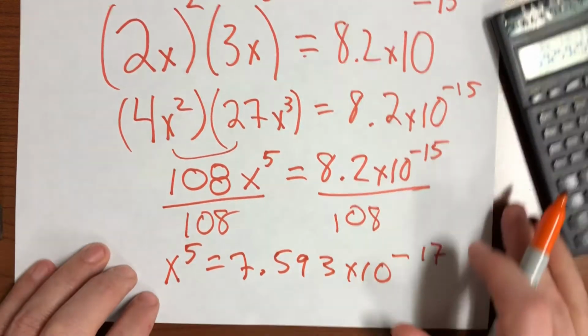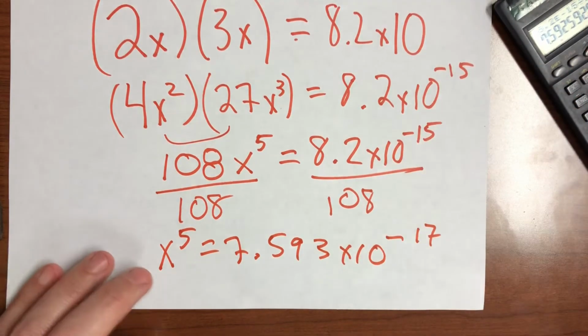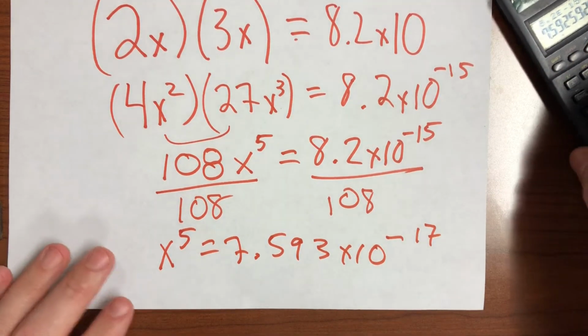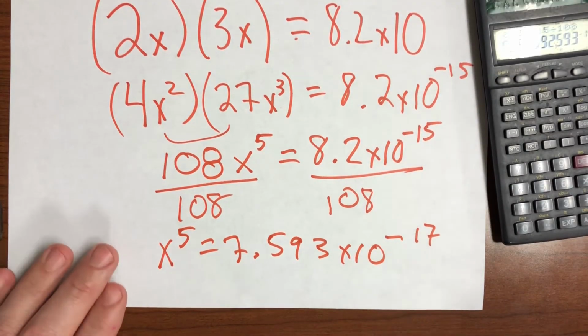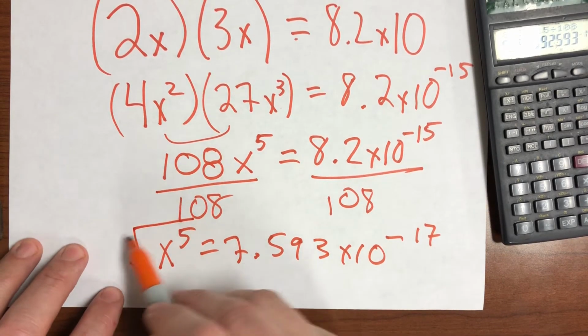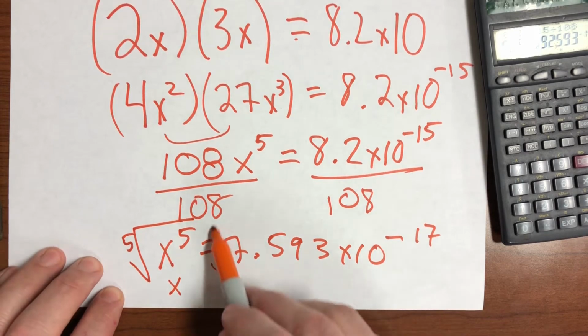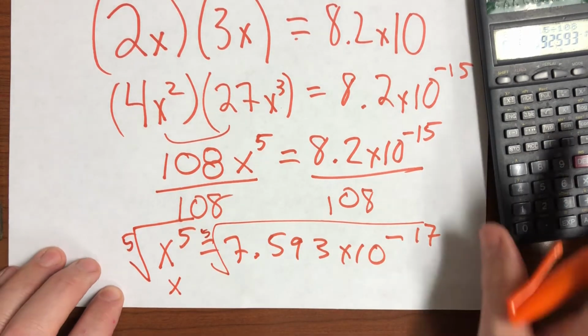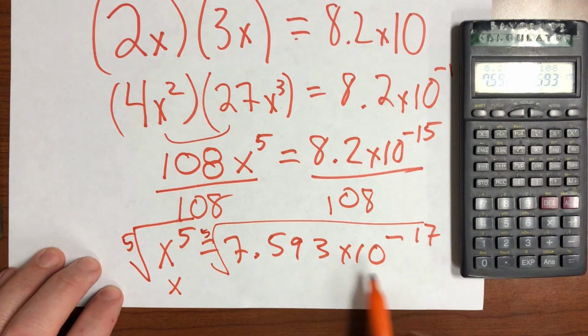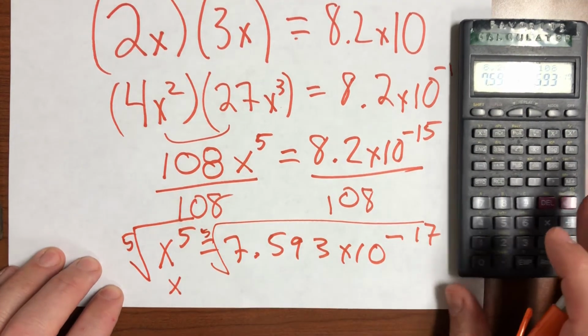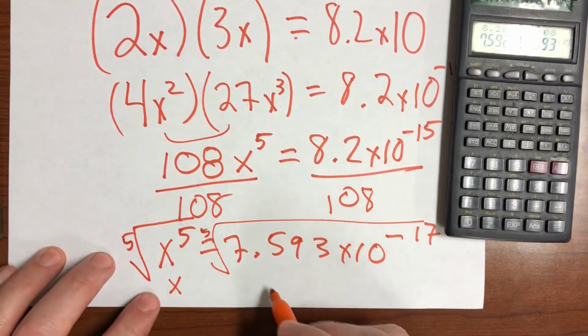Now this is the point where I figure that some of you might need some help. What we need to do is take a 5th root of this side to get x, right? Which means we need to take a 5th root of this number.